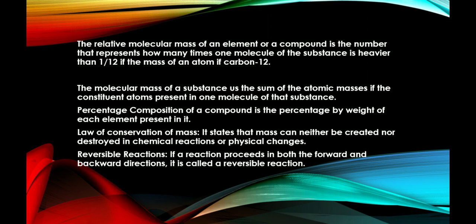The molecular mass of a substance is the sum of the atomic masses of the constituent atoms present in one molecule of that substance. Now, the percentage composition of a compound is the percentage by weight of each element present in it. The total percentage of a compound is always 100.